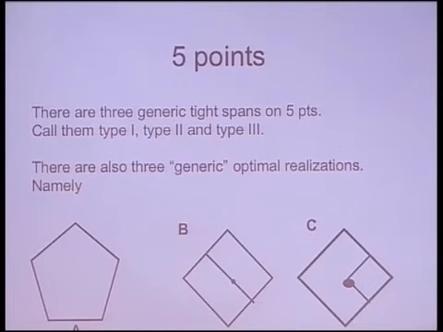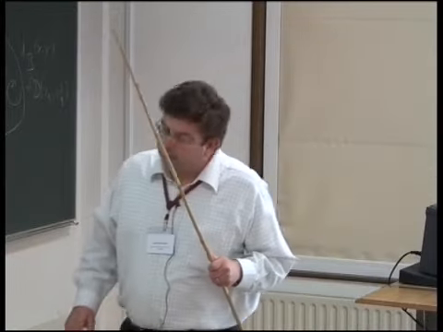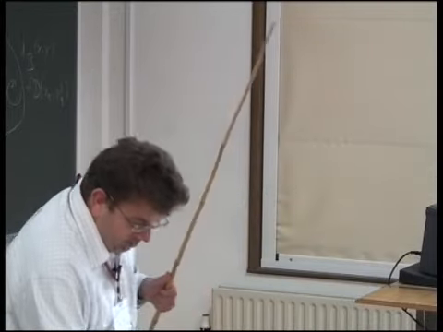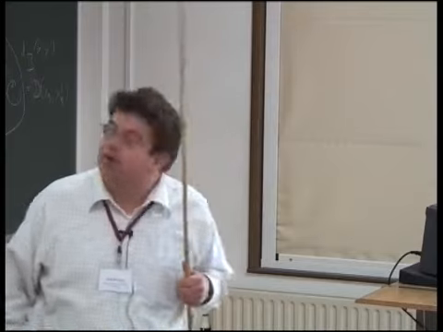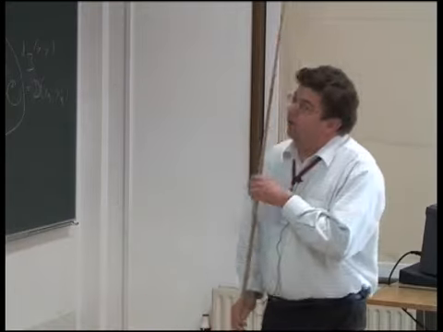And then you say, yeah, so type 1 must correspond to the first one, A, and type 2 maybe to B, and type 3 to C. But it is not that easy. It doesn't work like that. It was quite surprising that it didn't work like that.